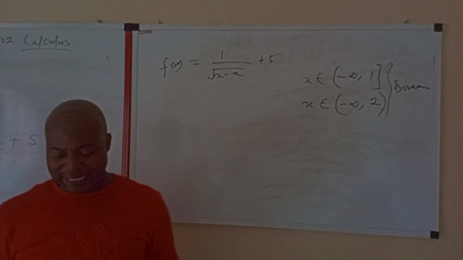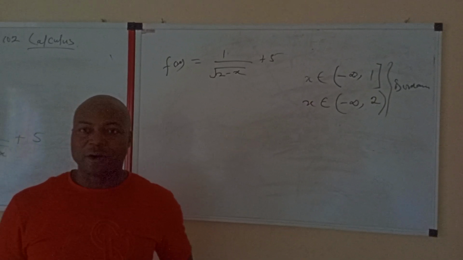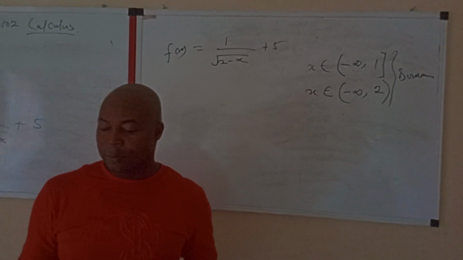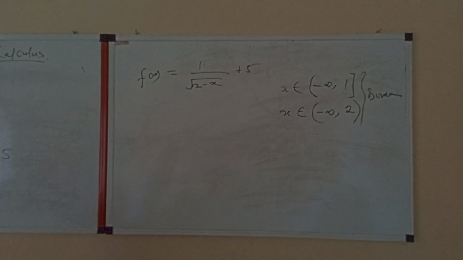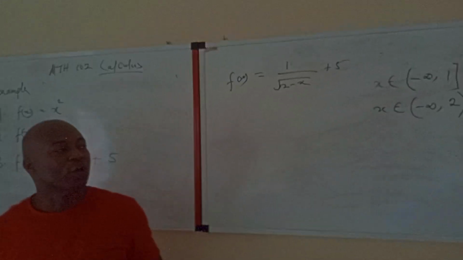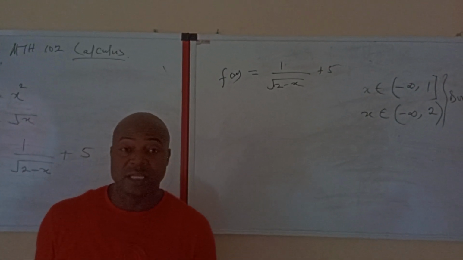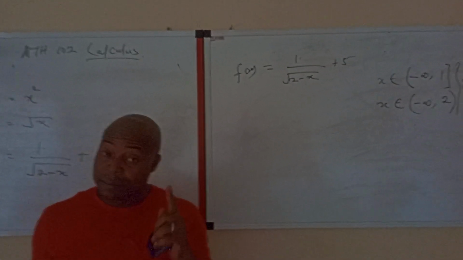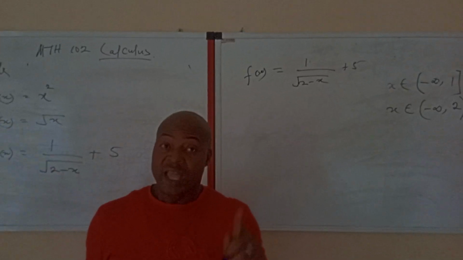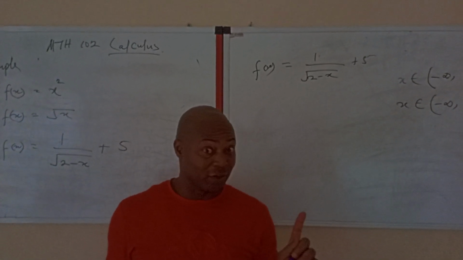Now, before I finish, I want to tell you something. Sometimes, it is not every time that they will give you a function for you to plot a graph. Sometimes it is only a graph that you will see. When you see a graph, how will you know whether that graph is a function? Remember I told you that every function is a relation, but not every relation is a function.